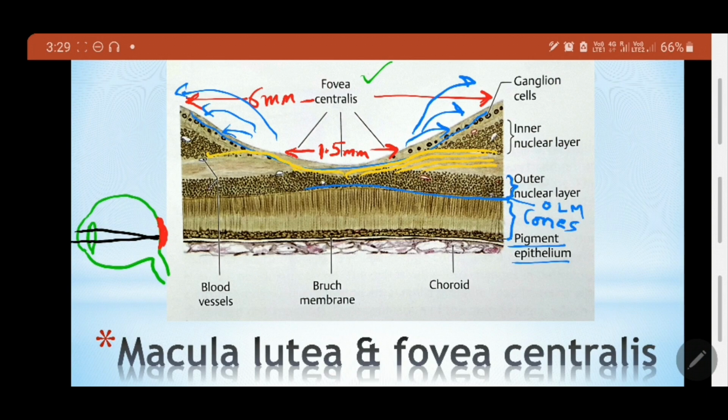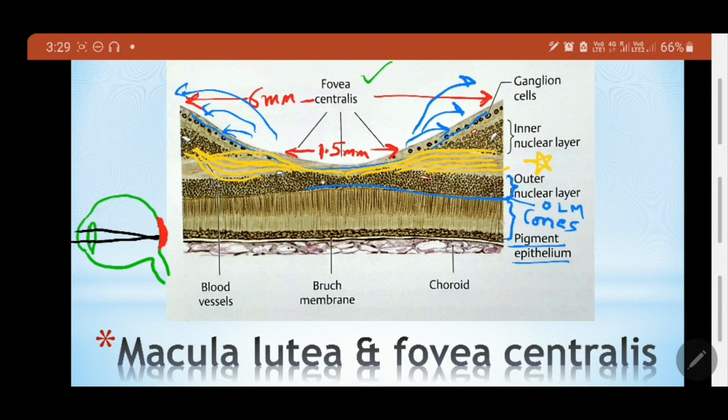Remember this, it's a very important thing. This is the outer plexiform layer which I have drawn. That means the axons of the cones are not perpendicularly placed at the fovea centralis. This is a very important point.